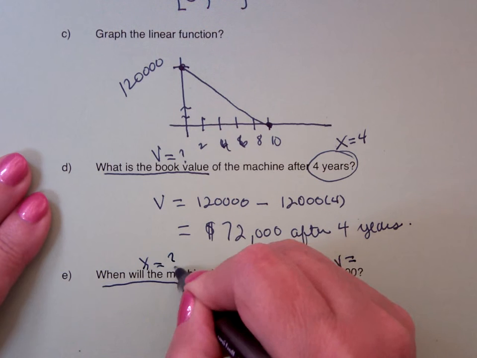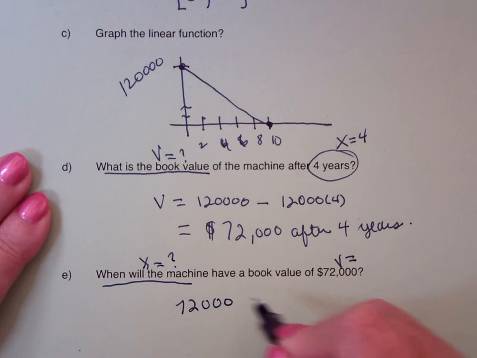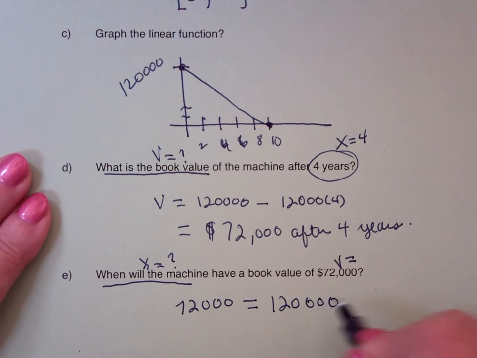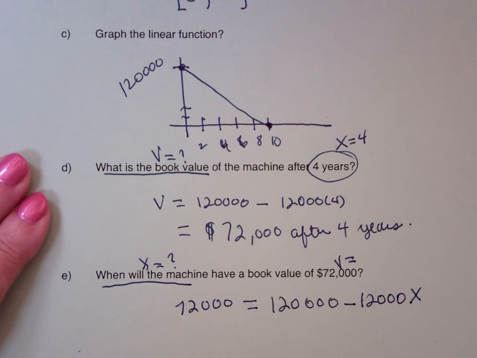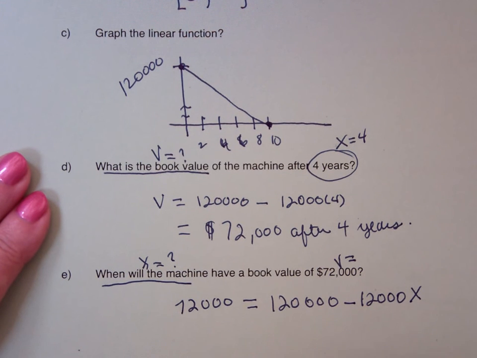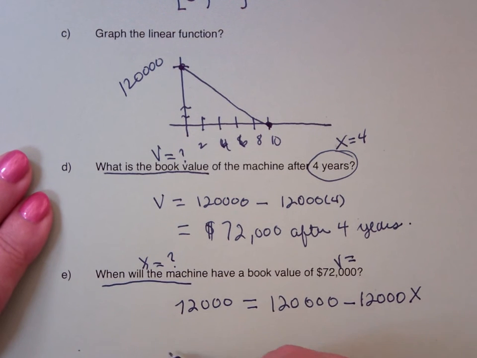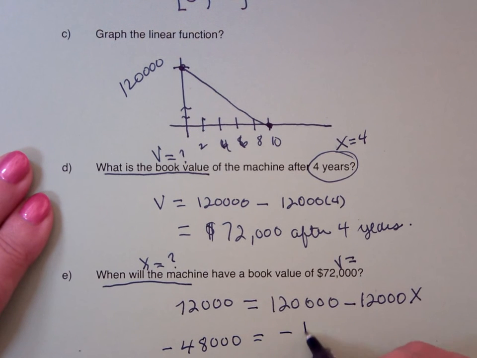So I want to know when V is 72,000, or 72,000 is going to be equal to 120,000 subtract 12,000 times X. Subtract 120 from both sides, and I'm going to get minus 48,000 equals minus 12,000 x.